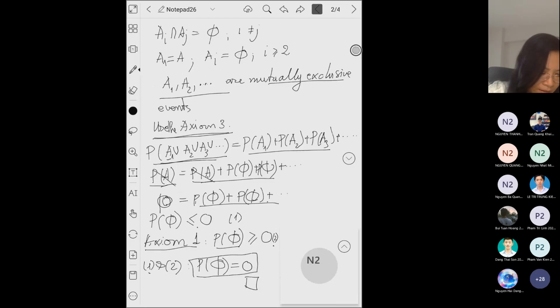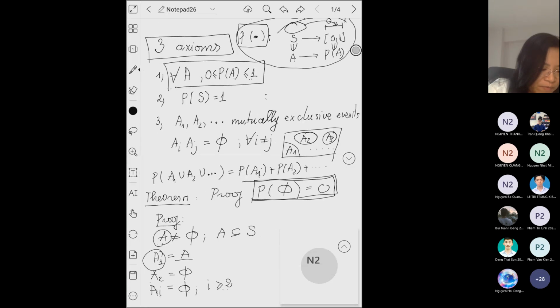Here are the three axioms. The first axiom: for every event A, the probability of A is greater than or equal to 0 and smaller than or equal to 1. Axiom 2 is that the probability of the sample space equals 1. And for axiom 3, we have an infinite sequence of mutually exclusive events. It means that Ai intersection Aj equals the null set for all i different from j. Or we can describe it by this figure: A1, A2, A3, okay?